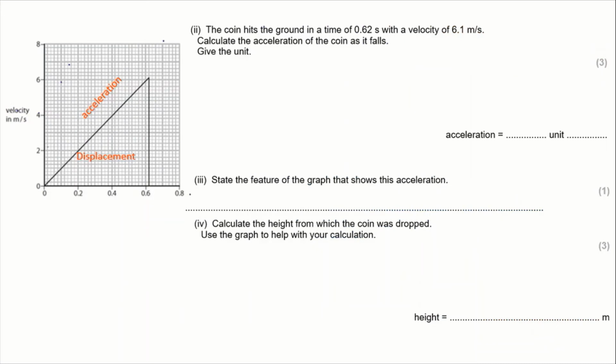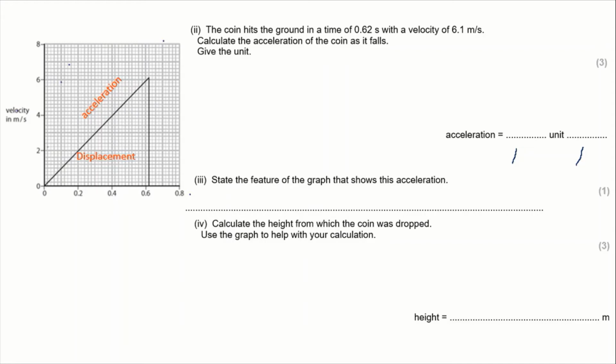Moving on with the second question. The coin hits the ground in a time of 0.62 seconds with a velocity of 6.1 meters per second. Calculate the acceleration of the coin as it falls. Give the units. How many marks are given to us? 3 marks. There's 1 mark allocated for the answer and 1 mark for the units.